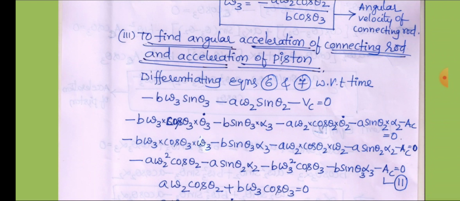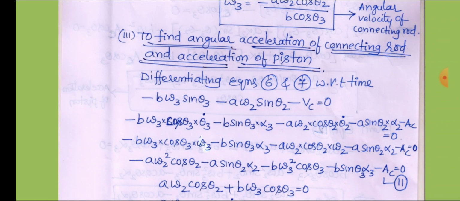Now I should rearrange. So in place of theta 3 dash, I will write it as omega 3. In place of omega 3 dash, I am going to write alpha 3. So in place of theta 2 dash, I will write omega 2. In place of velocity, I can write acceleration.